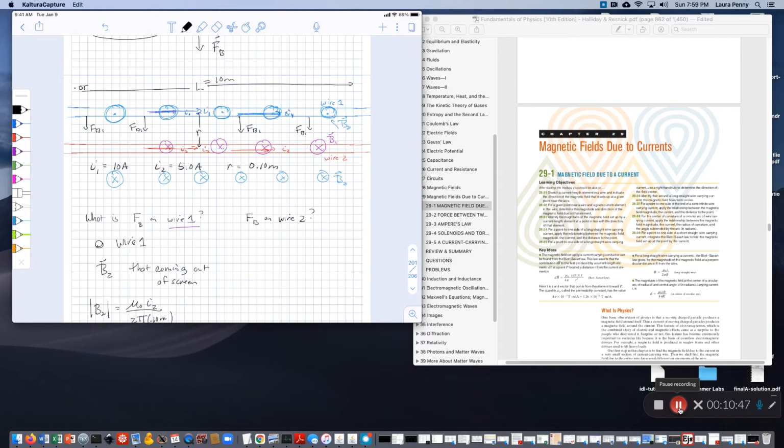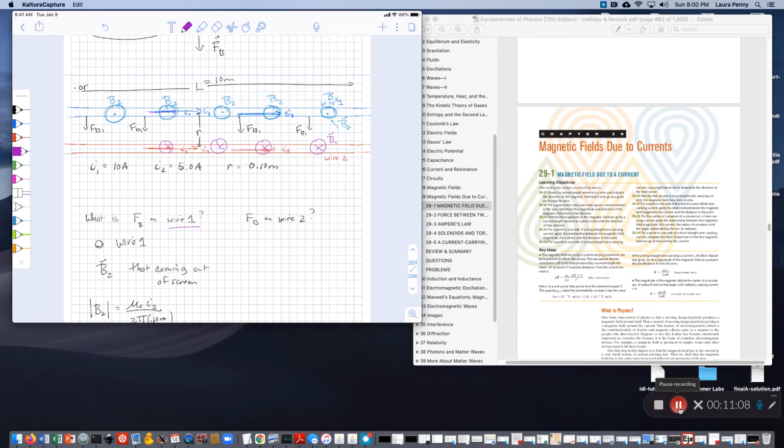B2 is out in this location. I'm also less interested in these. I'm mostly interested in the magnetic fields being produced right at this thing.